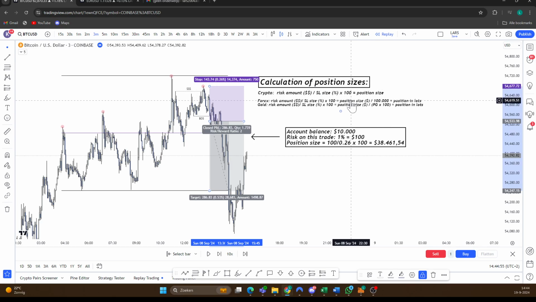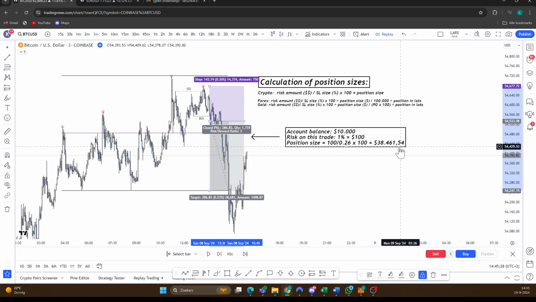So, if I want to enter this trade and my account balance is $10,000 and I want to risk 1%, which is $100, my position size on this trade will be: I divide my $100 by 0.26, which is the size of my stop loss, as you can see right here, and then multiply it by 100, giving me a position size of $38,461.54.